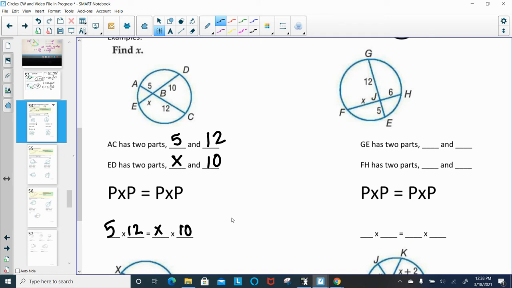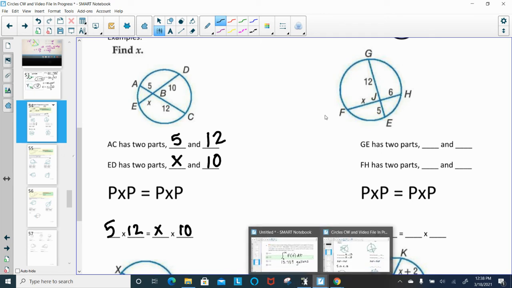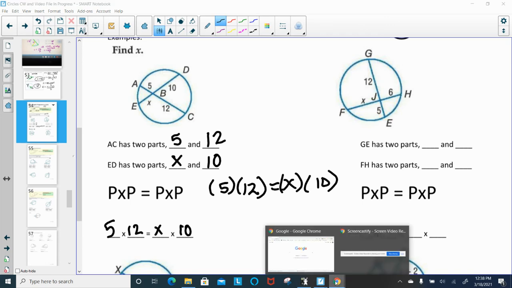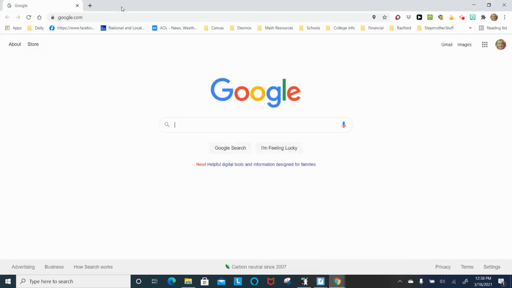Now, some of you are going to be very comfortable looking at that and solving that, no problem. Another way that you can think about this is if you want to put parentheses in, you can. Parentheses aren't going to hurt anything if you prefer that. Now, when we go over to the Desmos calculator, let me pull that up real quick.